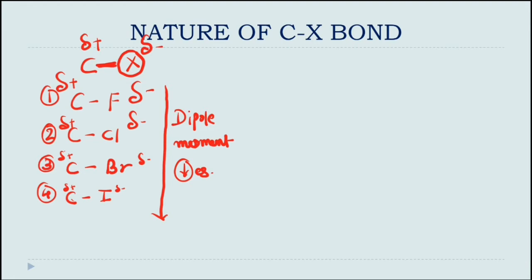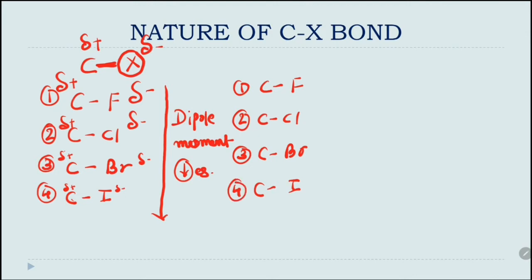Now we also discuss the strength of the bond, like carbon fluorine, carbon chlorine, carbon bromine and carbon iodine. My question to you all: which bond is the strongest one? The bond strength depends upon two factors. First one is size and second one is overlapping. Here in carbon fluorine, it is 2p type of overlapping. In carbon chlorine, it is 3p overlapping.